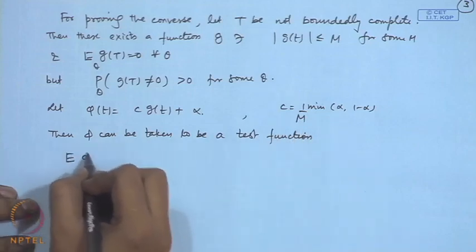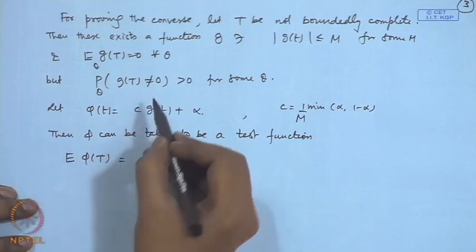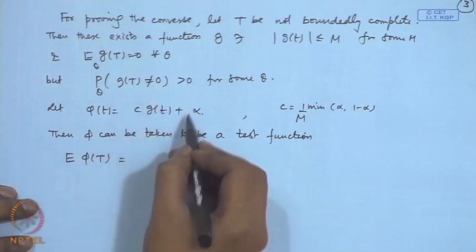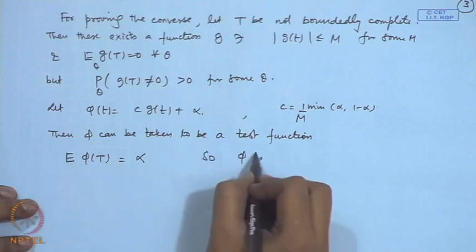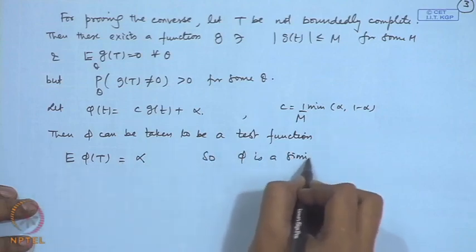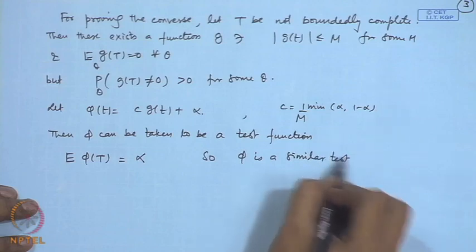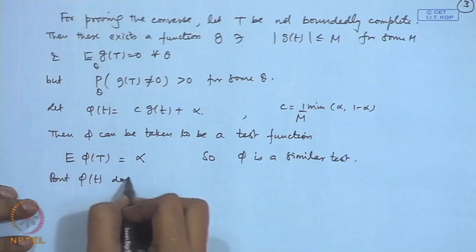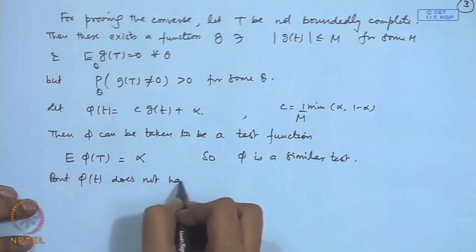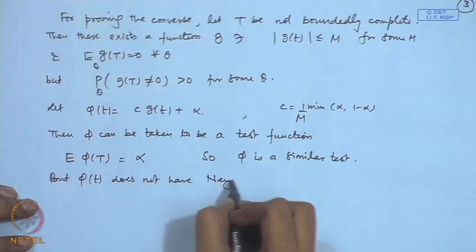Also, what is expectation of φ(T)? Since expectation of g(T) is 0, this is simply equal to α. So, φ is a similar test, but φ(t) does not have Neyman structure.